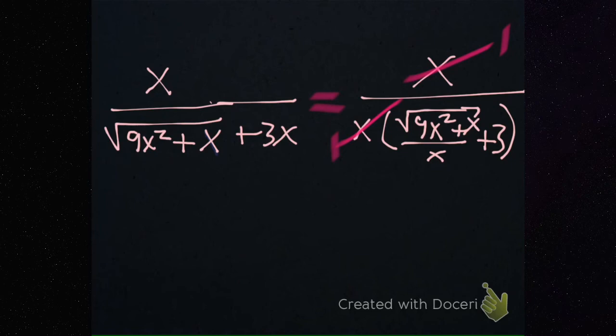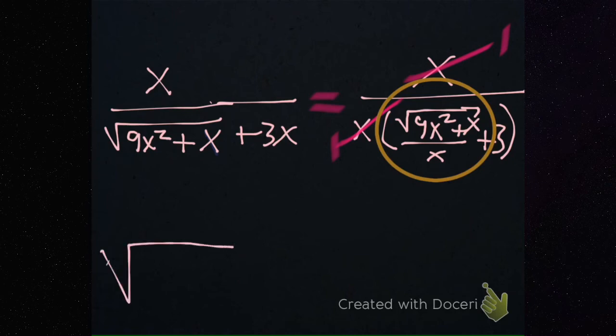That's not the trickery I'm talking about. This is. Ready? Focus on this piece. Here's how it's going to change. It's going to become a big root. And then this is 9x squared over x squared plus x over x squared. Wait a minute, what happened?